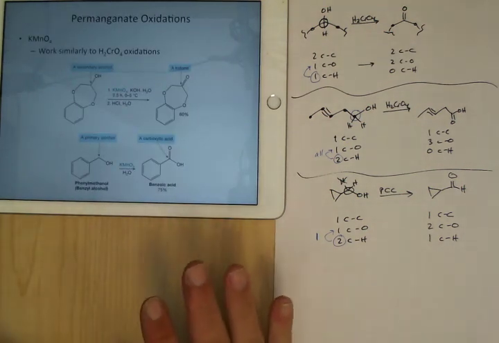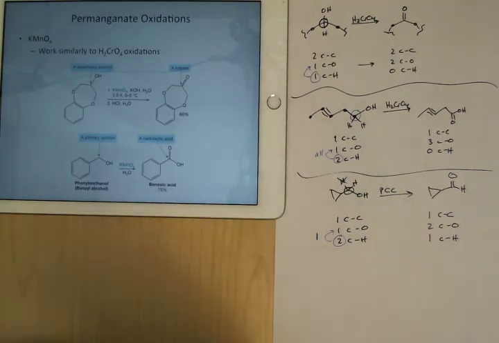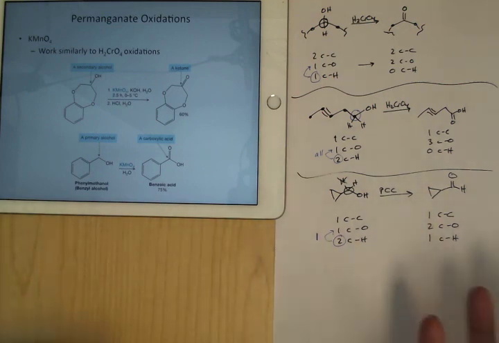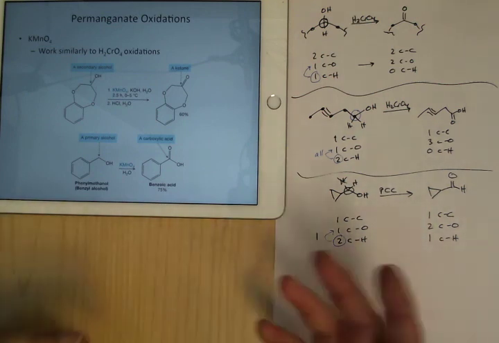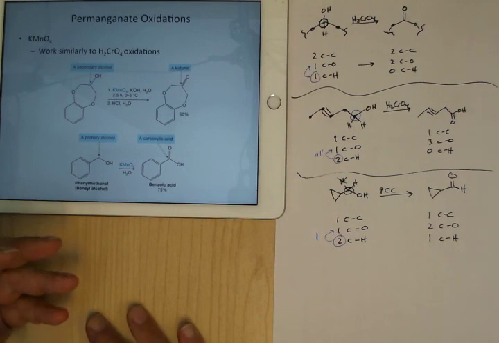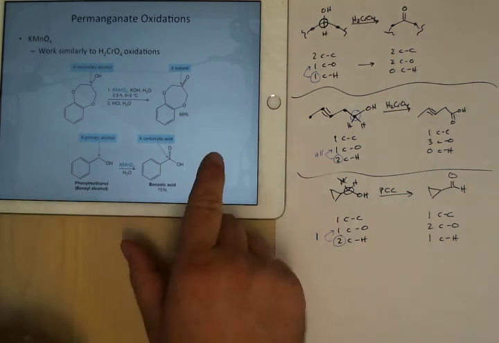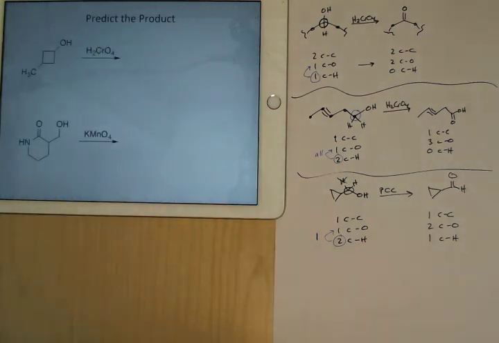Potassium permanganate, KMnO4, works exactly like the chromium compounds. Chromium is a little bit more selective, but permanganate's cheaper. Chromium is also a lot more toxic and difficult to dispose of.